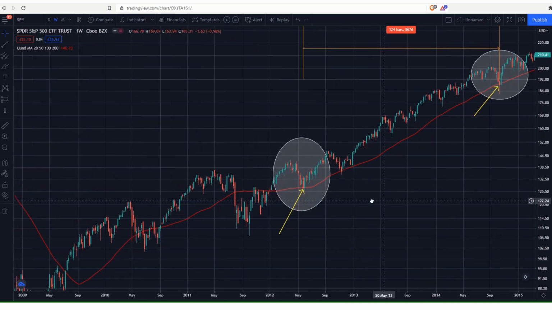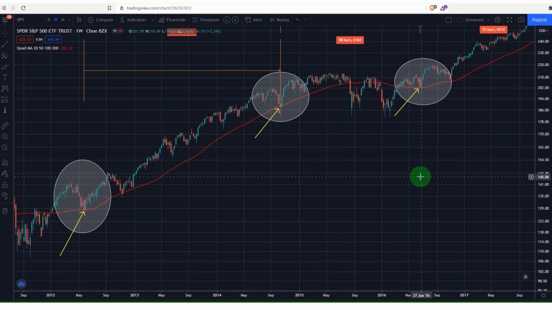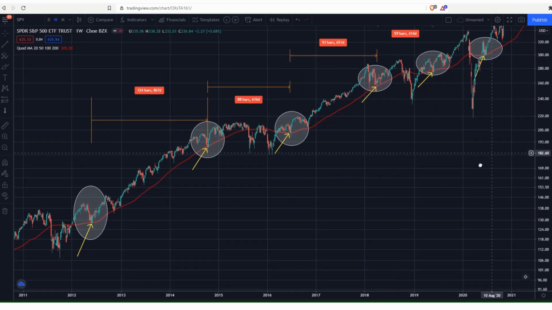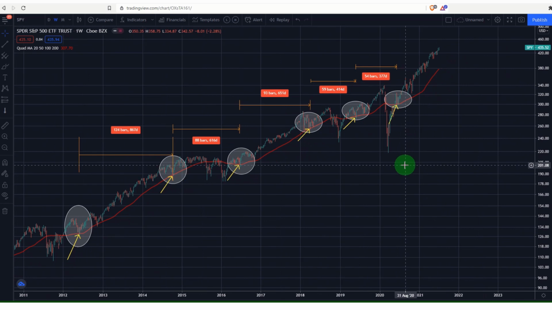Whenever the red candle touches the 50 weekly moving average, we'll have an entry. So overall, so far until today, there are 6 entries. I'll be sharing all the criteria at the last slide.